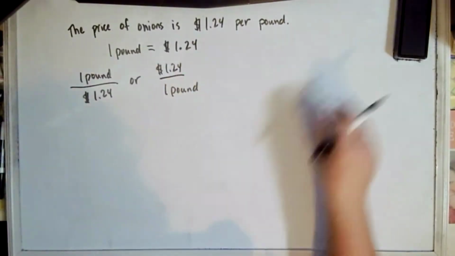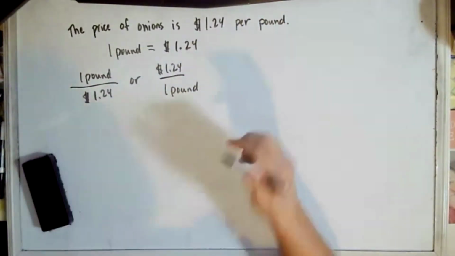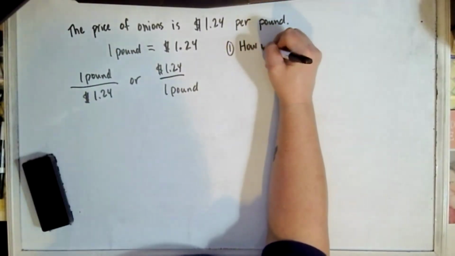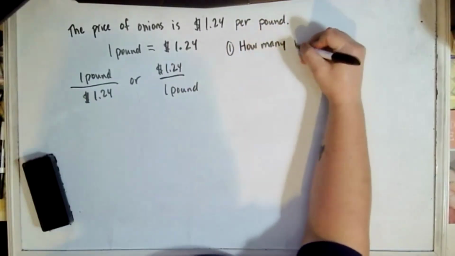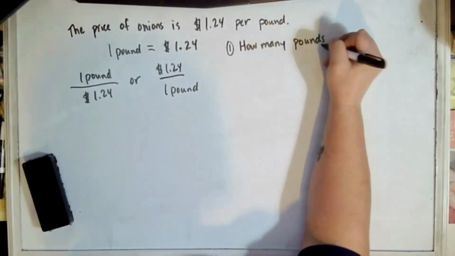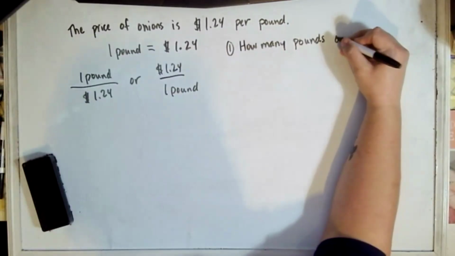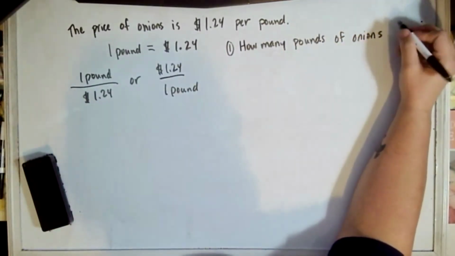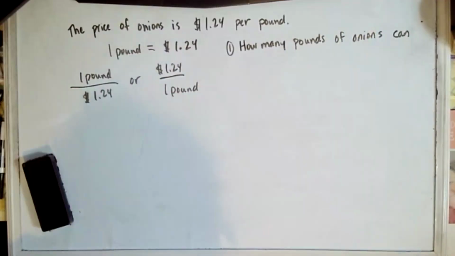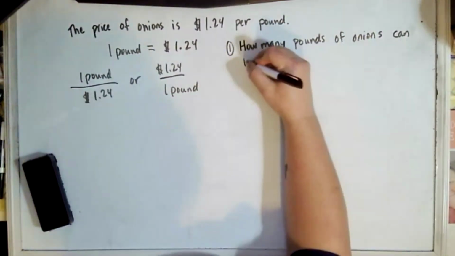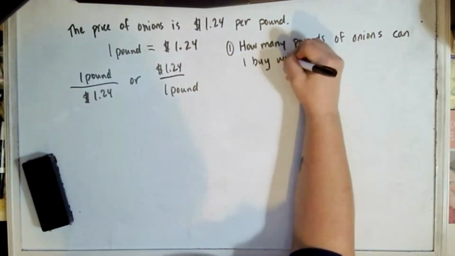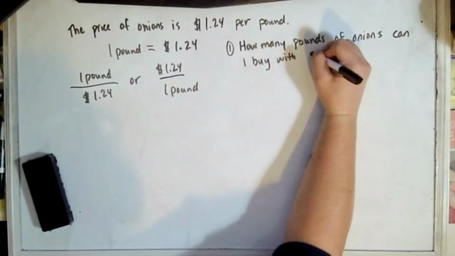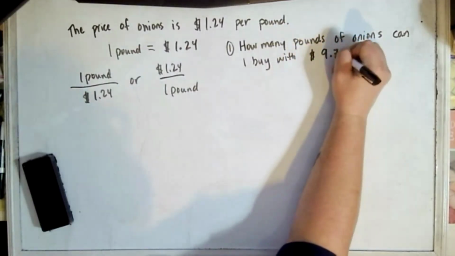Okay. Now let's look at two different questions. So question one is how many pounds of onions can I buy with, let's say, $9.75.